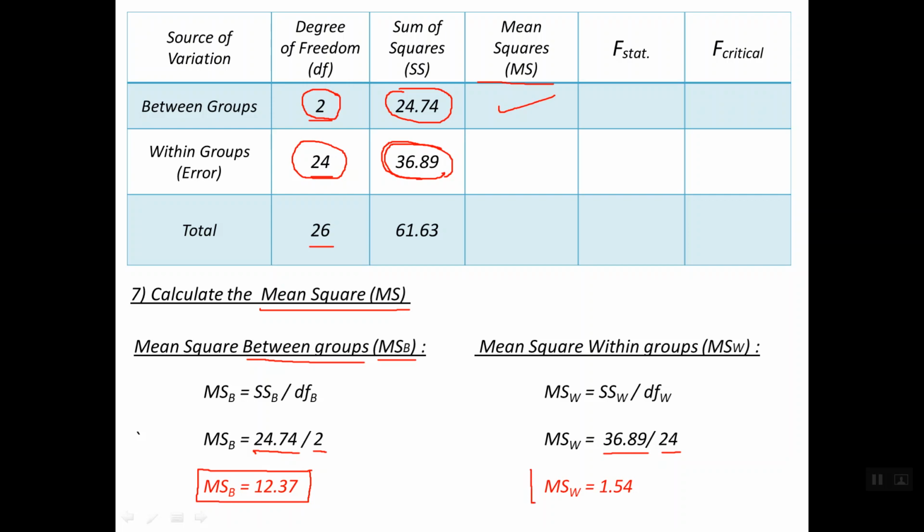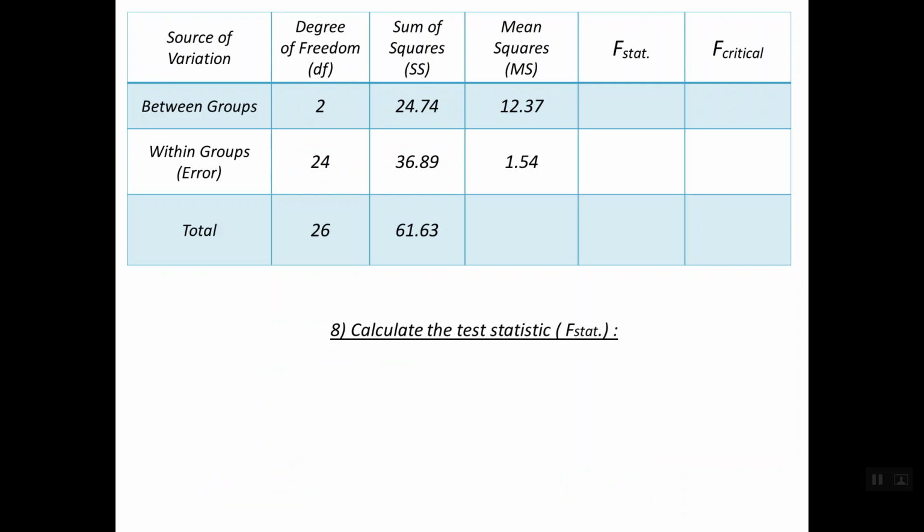So the value of MS within groups is 1.54. Now we can fill these two values in the related cells in the one-way ANOVA table. So here we have the mean square between groups, and here we have the mean square for the error or within groups.